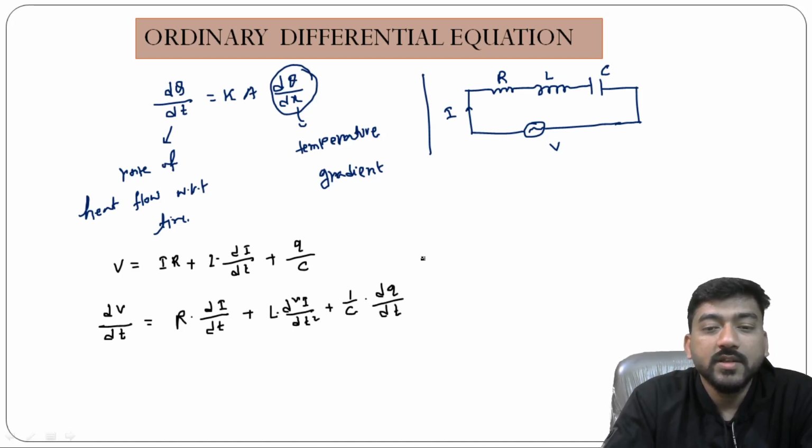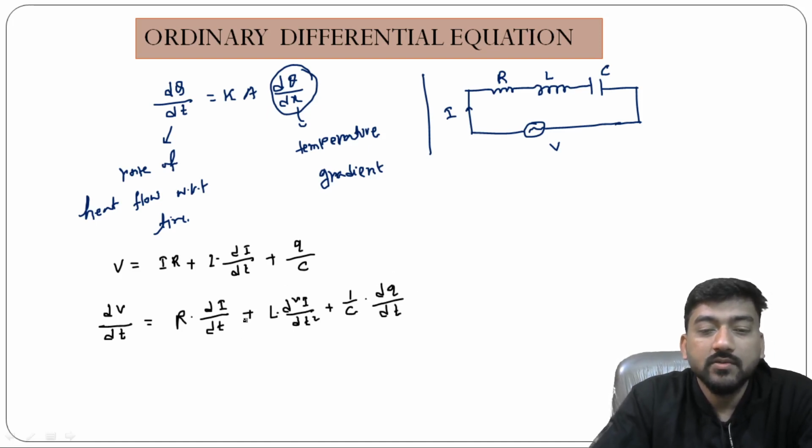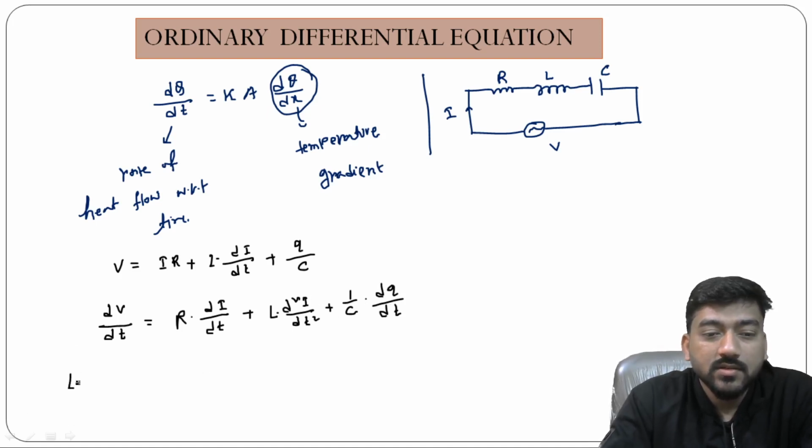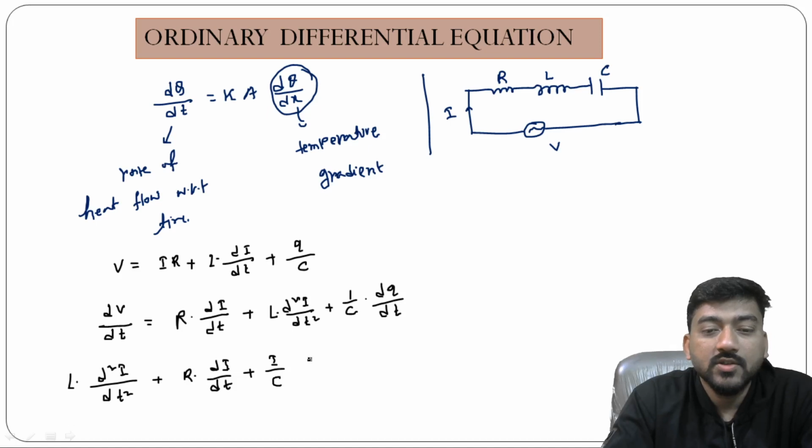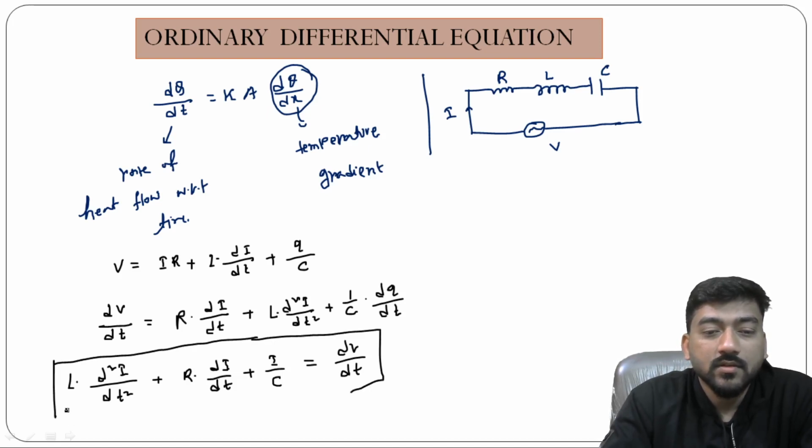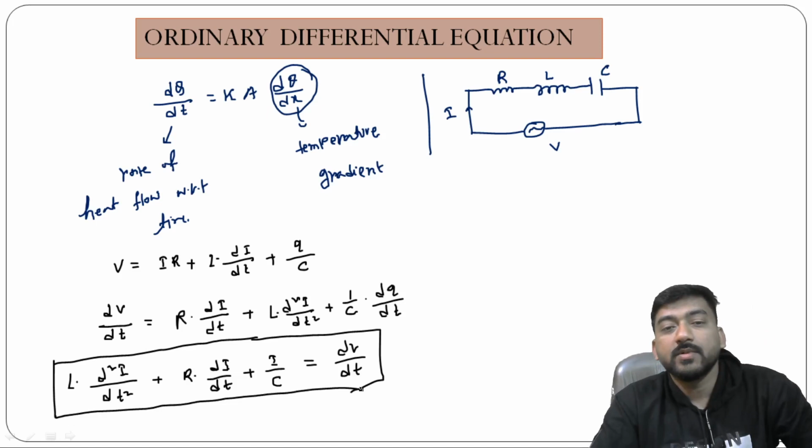And this dQ upon dt is again I, so you will get a second order differential equation of I. Transferring terms, you get L d²I/dt² plus R dI/dt plus I upon C is equal to dV upon dt. So this is a second order differential equation, another kind of differential equation.